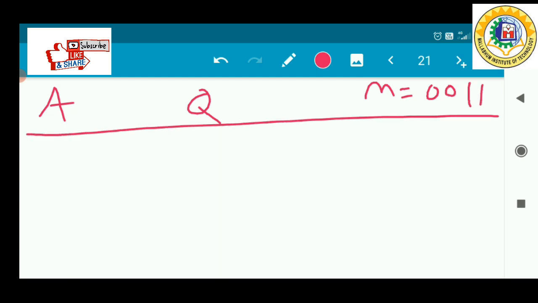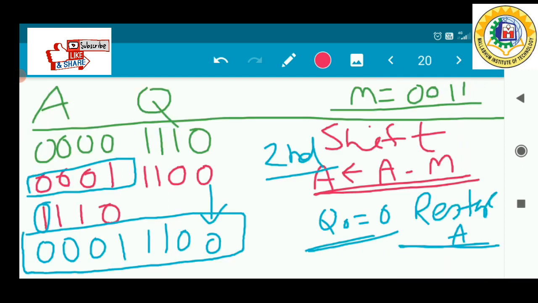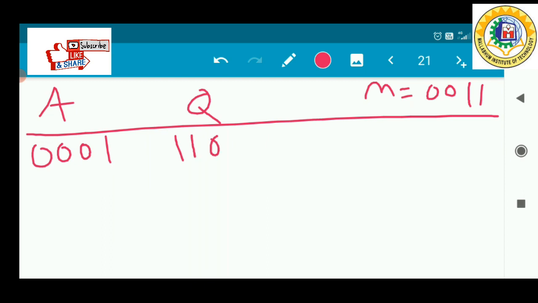Previously A is 0001 and your Q is 1100. First is the shift: logically shift both A and Q together.